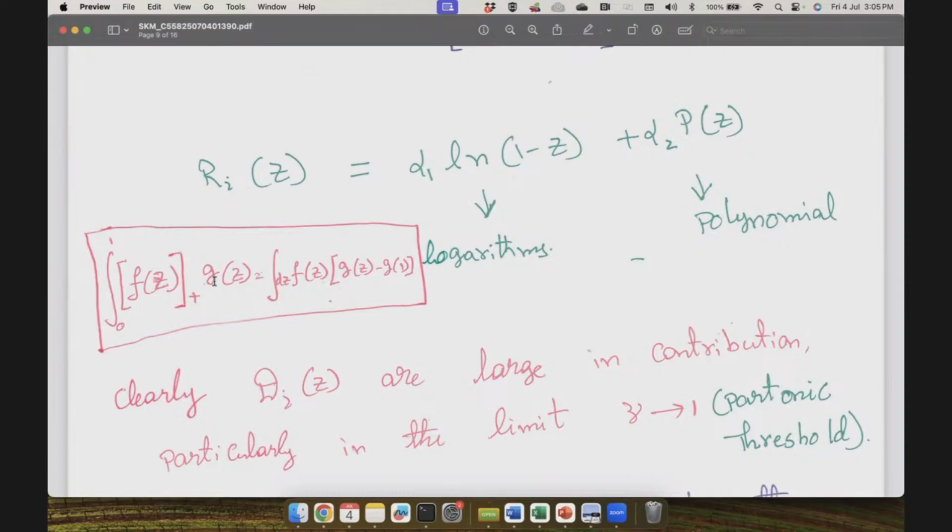Suppose, without going into the details, I have a general plus distribution and I am convoluting it with another smoothly defined function g of z. So the way we define the plus distribution is this: you remove the plus, and act f of z on g of z minus g of 1. So in the limit z equal to 1, right at z equal to 1, whatever pole you see in the f of z gets exactly multiplied by 0.